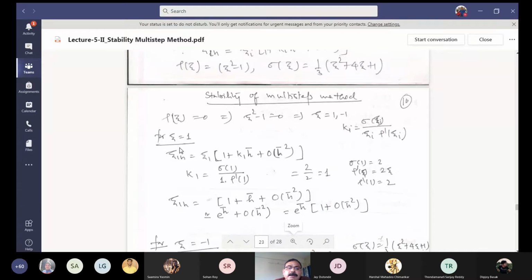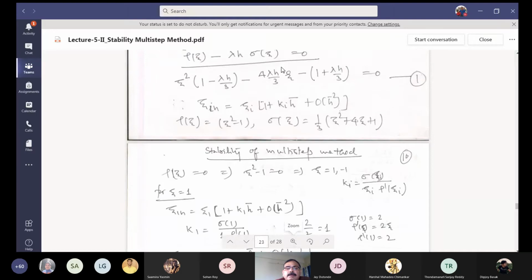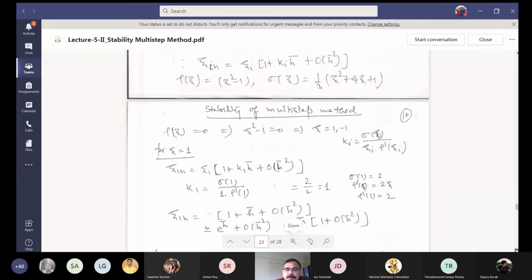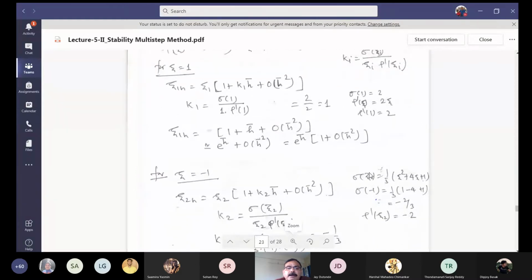Then immediately you can write down the principal root xi 1 of the main characteristic equation. We write that using this formula, and then we get that this is 1 plus h bar plus capital order h square. This we may write as e to power h bar, approximating this portion, plus capital order h square.